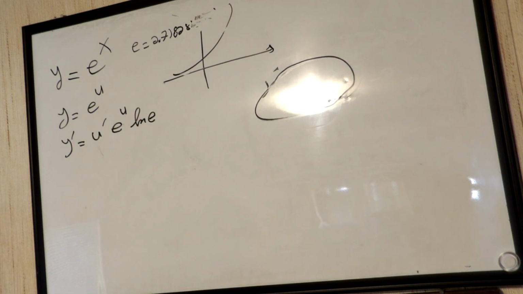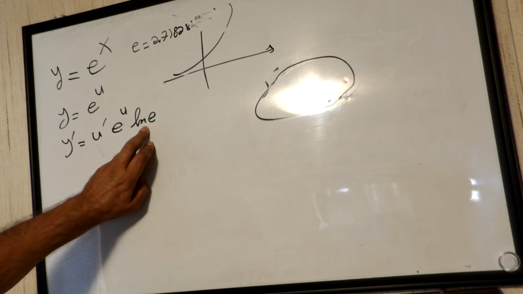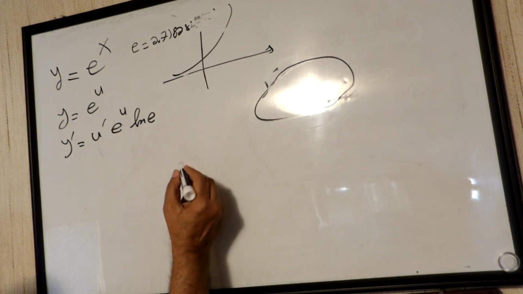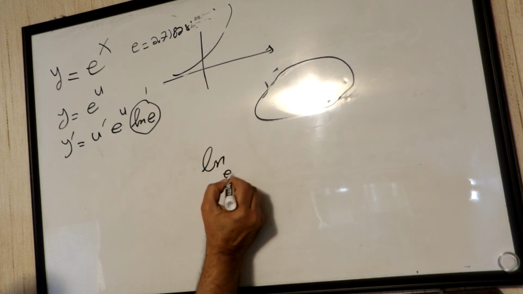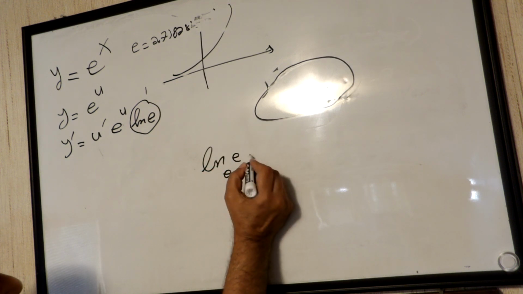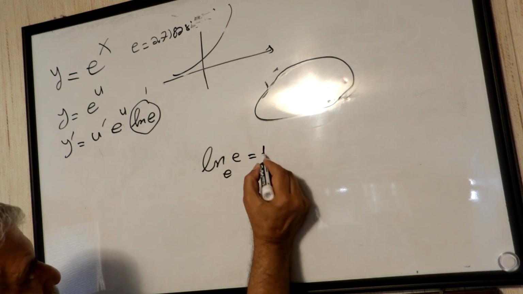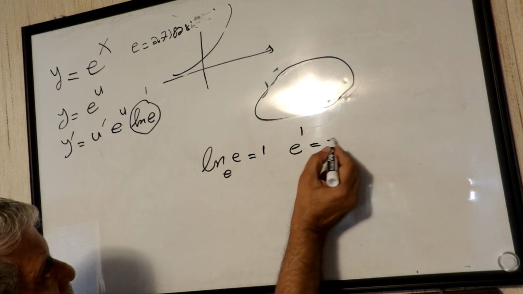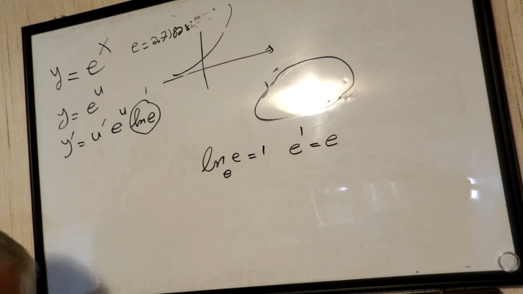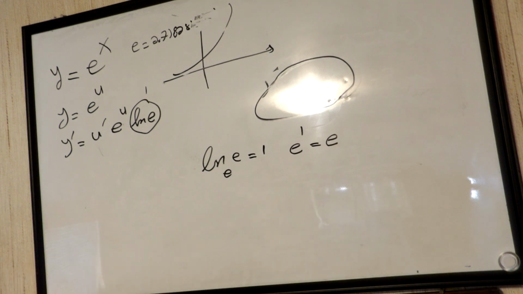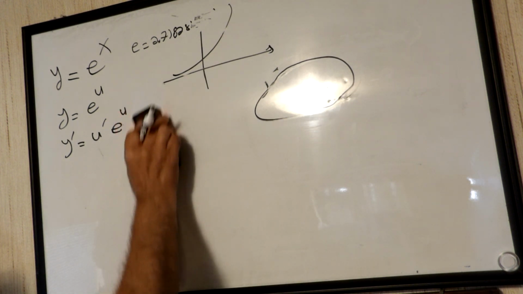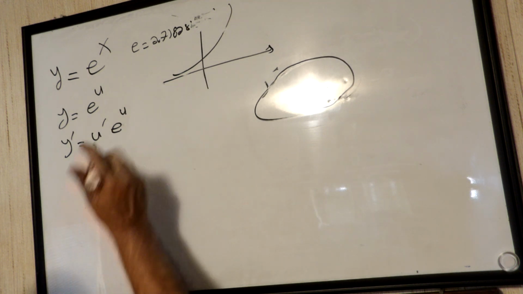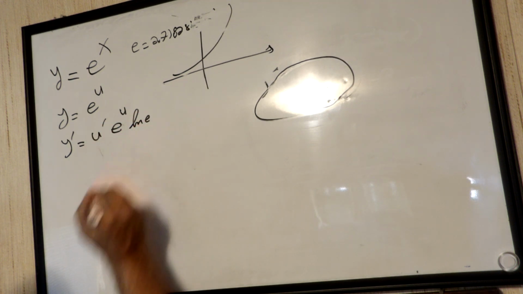Since ln e means e to the power of what is going to be e? E to the power of 1 is going to be e, so ln e is 1. So we don't write it, but let's write it here, ln e.